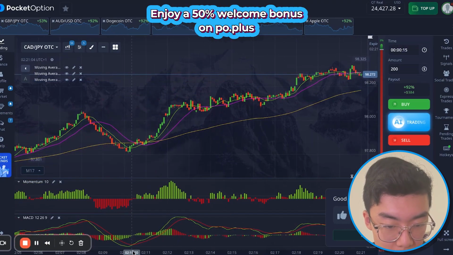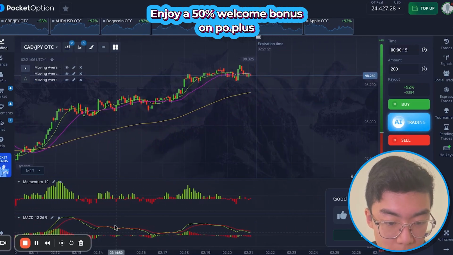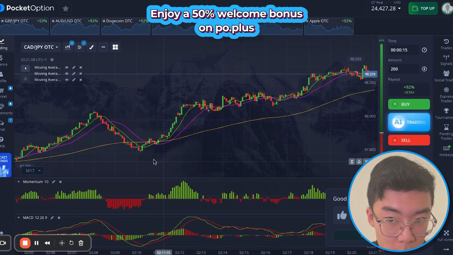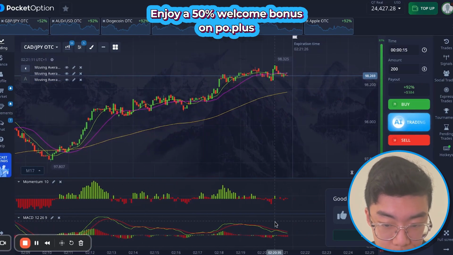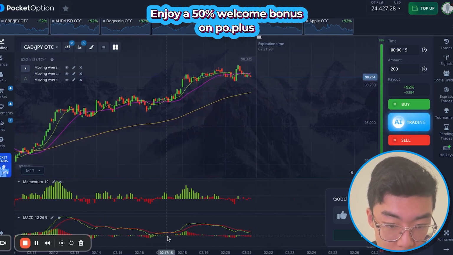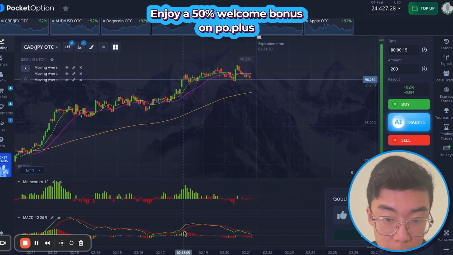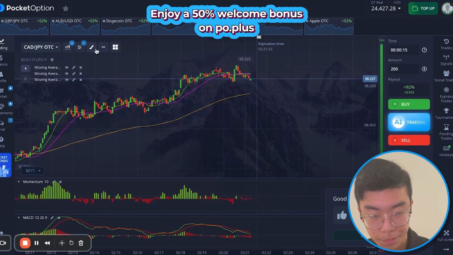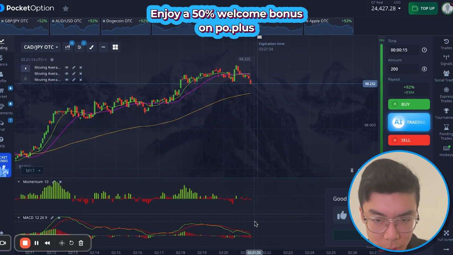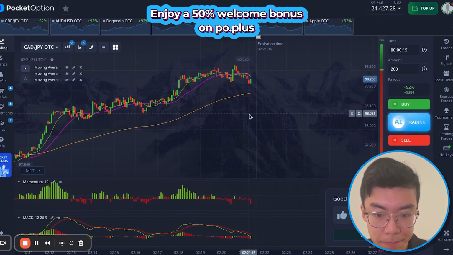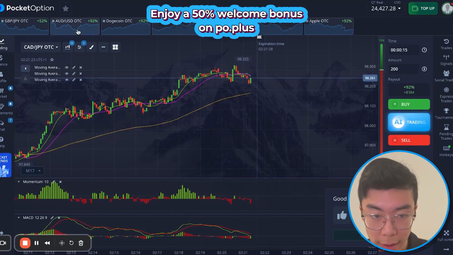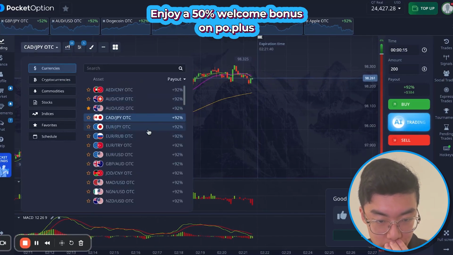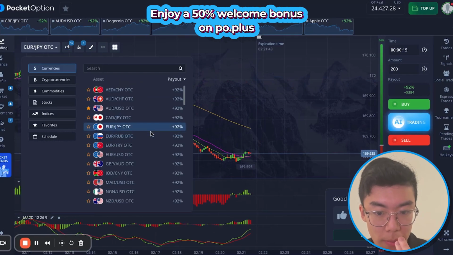So as you see here, when I did a crossover here, it went up a lot, right? When I did a crossover here again, it also went up a lot. So here it seems to be going against the moving average. So I wouldn't do this one right now.